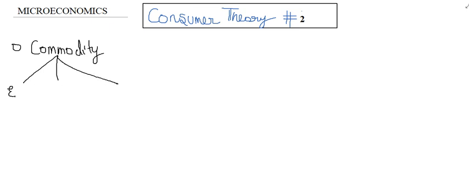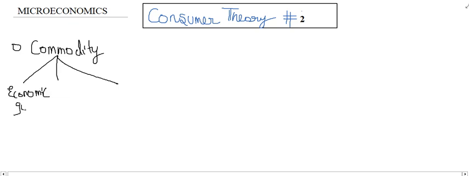So the very first thing would be commodity, which can be of three types. We have economic goods, we have economic bads, and we have economic neutrals.